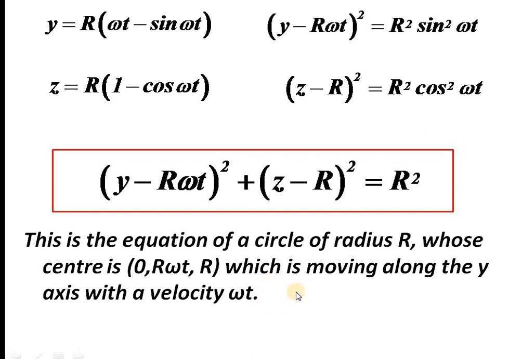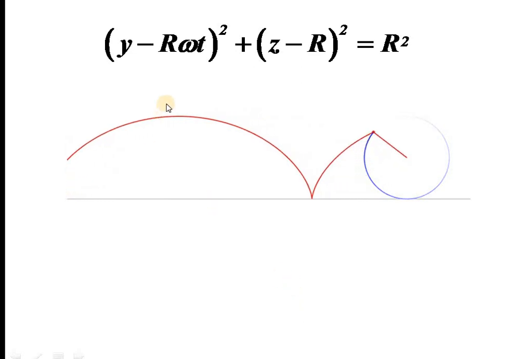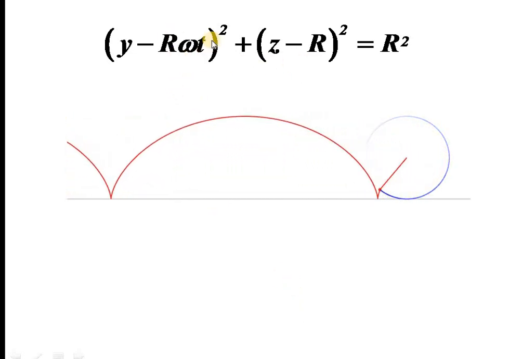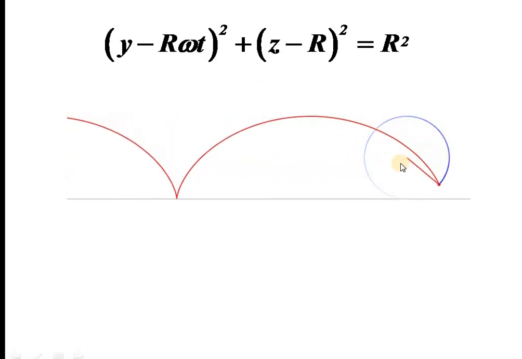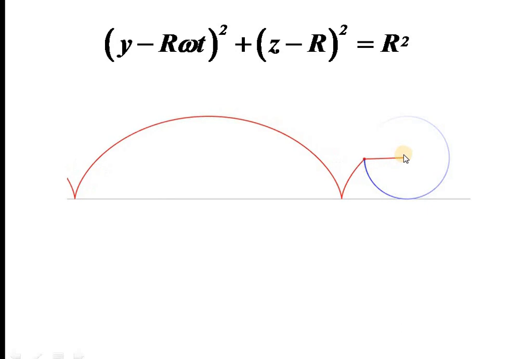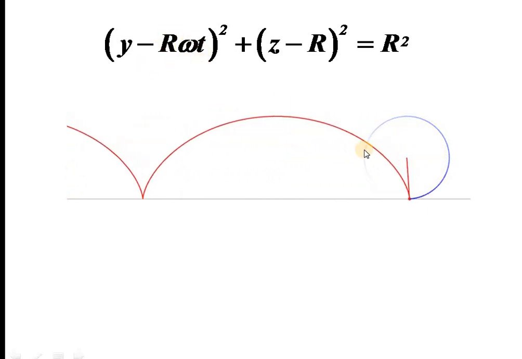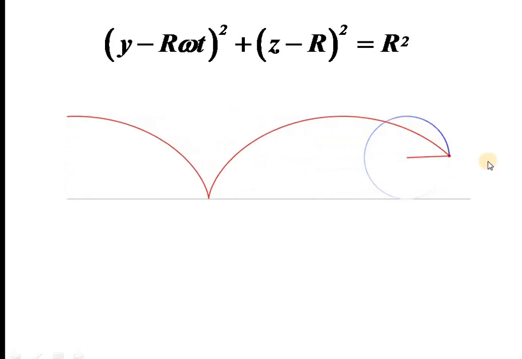So now let's see another thing. Let us take this same equation again. What is actually implied by the equation is that you have a center in the y plane along the y axis, and that point is actually moving. That is what it shows. This r omega t indicates that the center point is moving along the y direction.